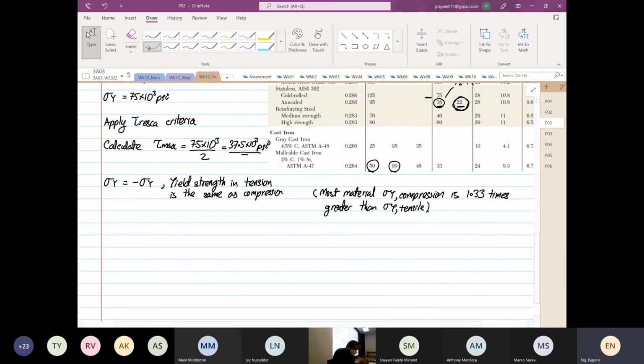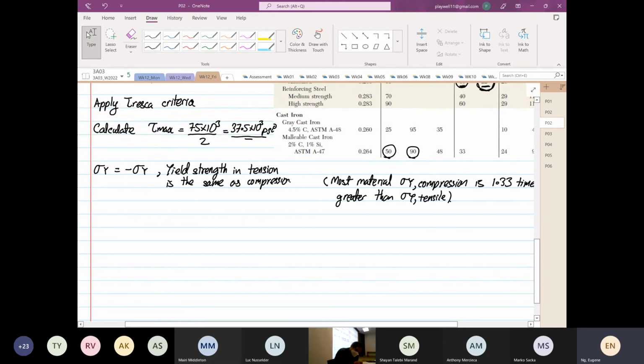The formulas that we are going to apply: we have stress X equals minus Px over A. Why do I say minus? Because the load in the axial direction is in compression, where A is the cross-sectional area, and Px we know.